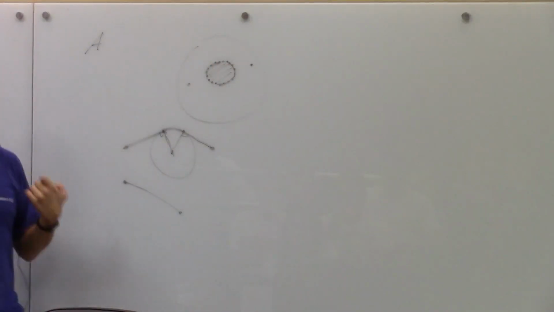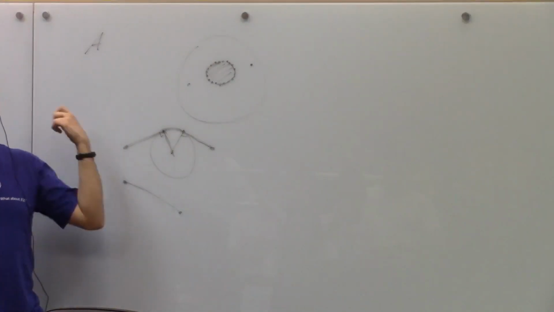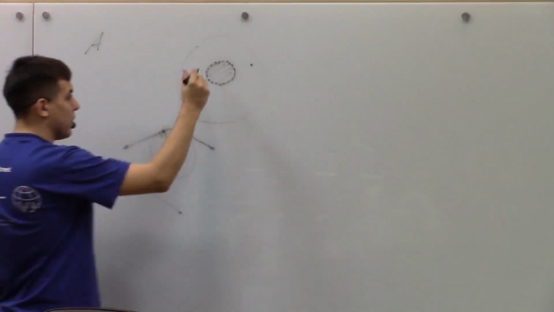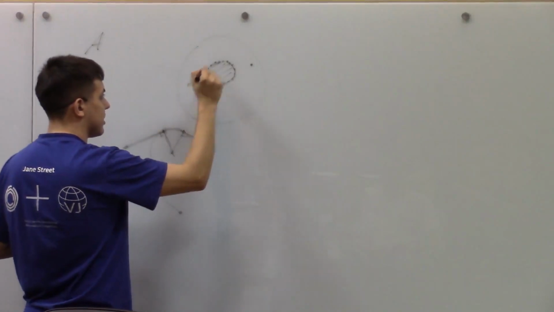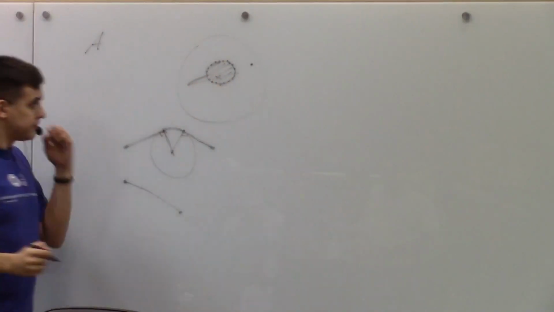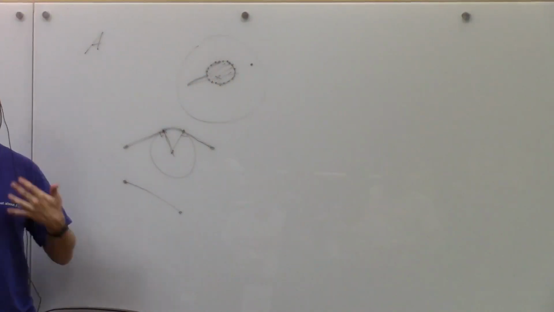And the only thing we have to check is, does the line segment cross the circle? So we will draw, for example, this edge, but we will not draw this edge. And now we only have an easier problem.